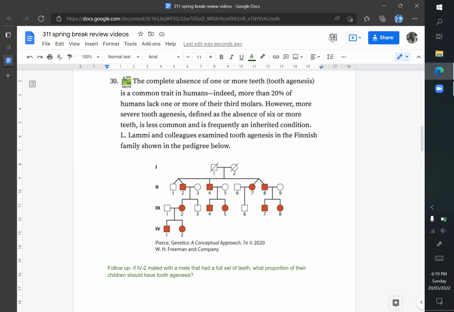How can we determine which is which? I think we should maybe even look at this situation here. So we have an individual from generation 2, number 8, and this individual is an affected male. So let's go through the possibility that this is X-linked dominant.